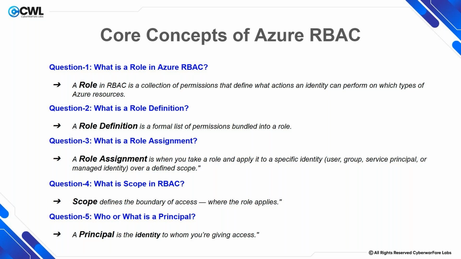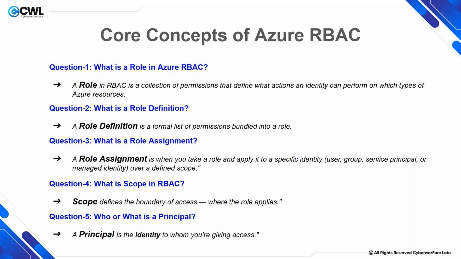Okay. Let's see some use cases for these identities. We can assign a reader role to a user to view all resources. We already discussed this. We can assign storage blob data reader to a managed identity for a VM to read logs from a storage account.